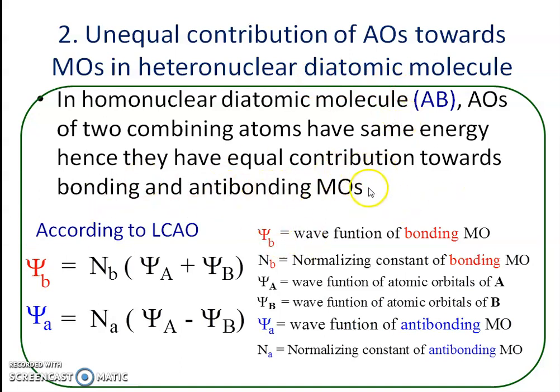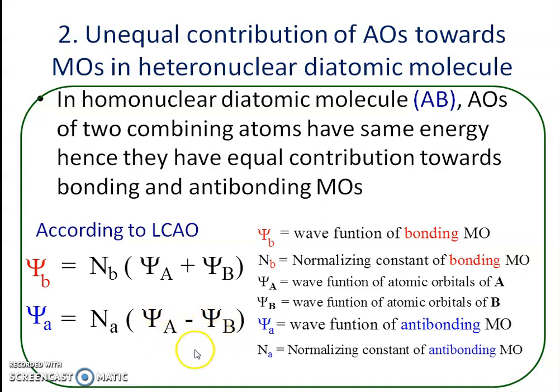First of all, I told you that in a homonuclear diatomic molecule, according to linear combination of atomic orbitals, the wave function of the bonding molecular orbital, psi b, is equal to Nb, that is the normalizing constant for the bonding molecular orbital, into psi A plus psi B. And for the anti-bonding molecular orbital, the wave function is given by psi a, it is equal to Na, that is the normalizing constant for the anti-bonding molecular orbital, into psi A minus psi B.